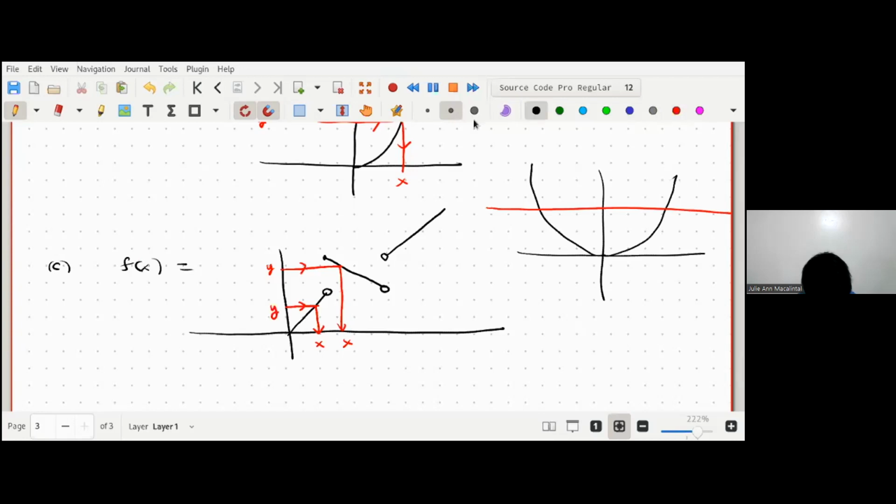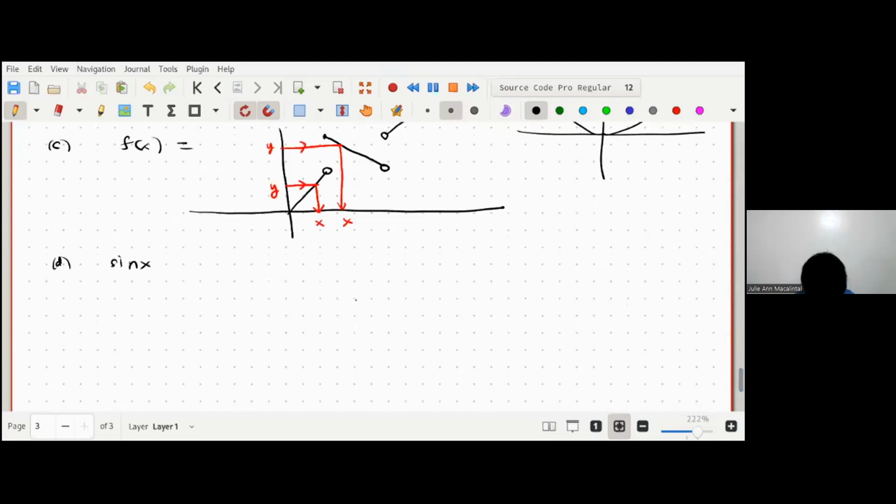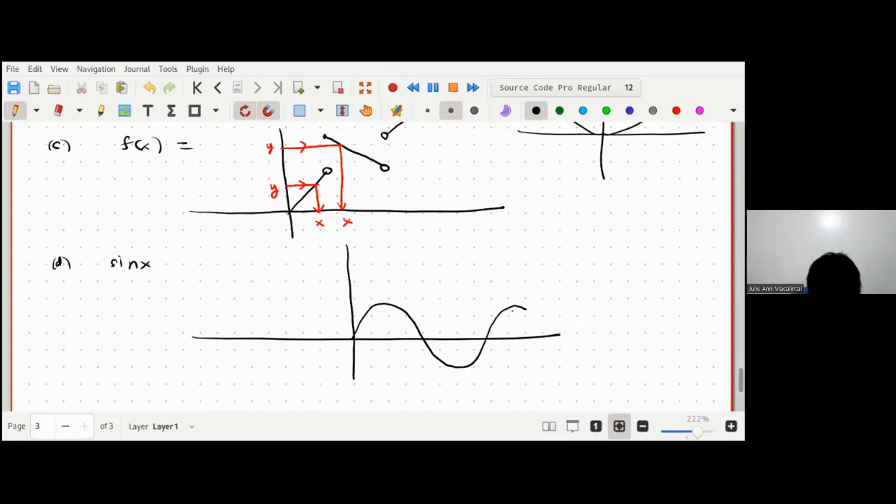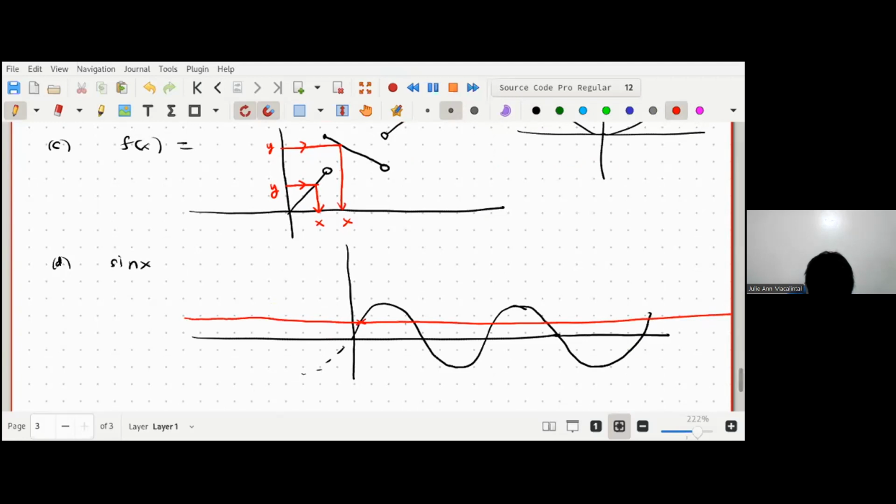So, another example, yung sine of x. If we graph this, ganito, di ba? Tapos umuulit. If we choose a value of y in the range, ang problema natin, ang daming intersections.